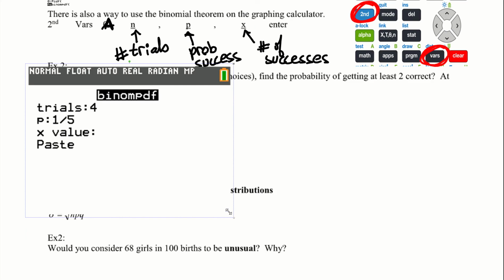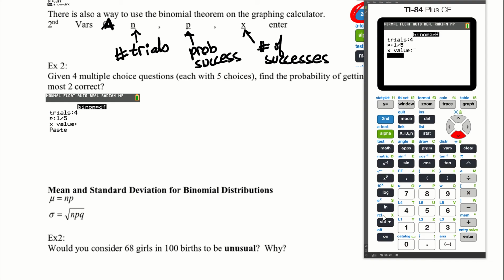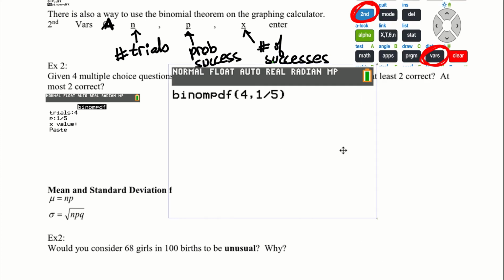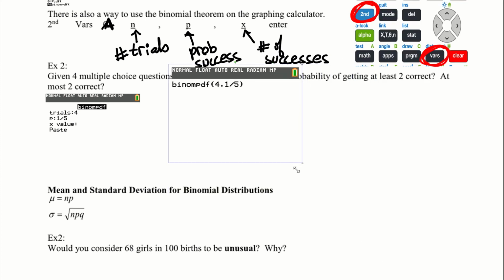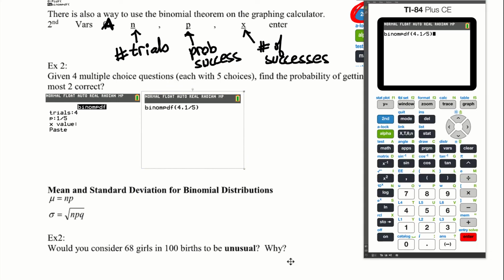This is going to give us all possible outcomes. Hit enter on paste, and it puts it into your home screen. X value is blank, and then paste and enter. What this gives us is an array of values, just like we had for the births. It's going to be much shorter though, because I'm only doing 4 trials. I'm still going to store it into a list because it's more convenient that way.